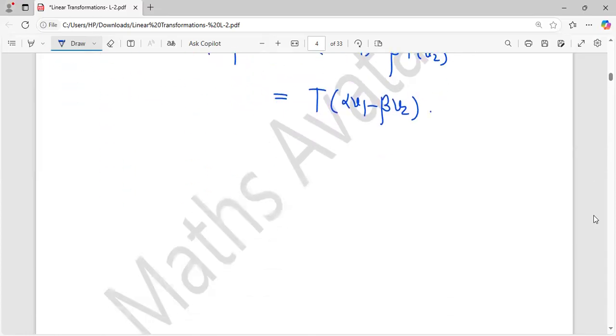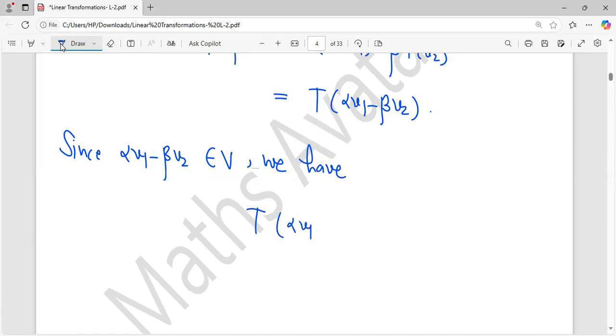We have alpha v1 minus beta v2 belongs to V, and since alpha v1 minus beta v2 belongs to V, we have T(alpha v1 minus beta v2) belongs to R(T).